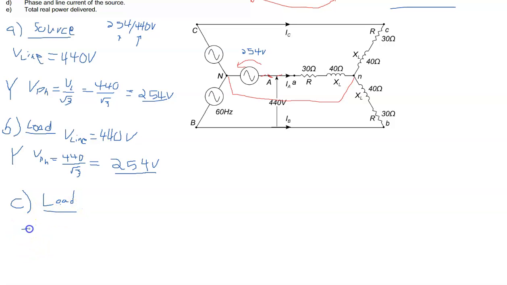we want to start off by saying that Z phase, because that's a right angled triangle over there, is equal to the square root of R phase squared plus XL phase squared.